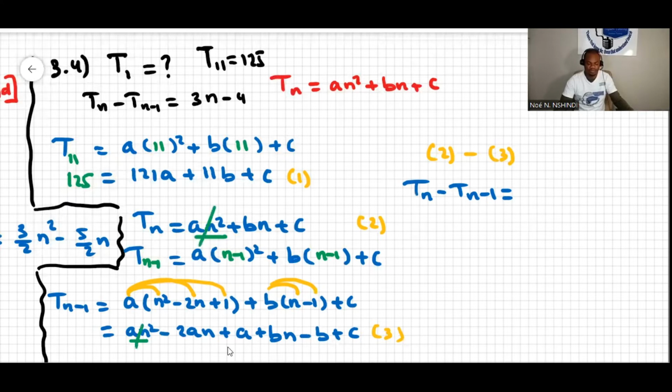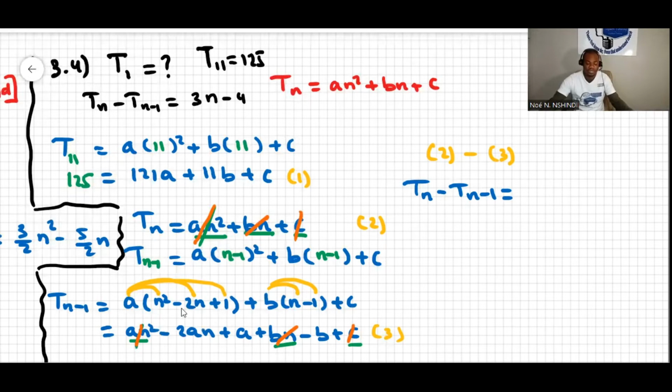Then we also have bn here and bn there. This also will cancel out. So cancel also bn and bn there. And then we have c and c there, c minus c. We can also cross this out. And then the difference will be just negative 2an.